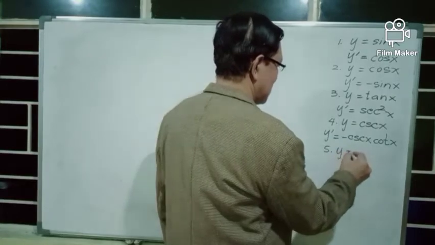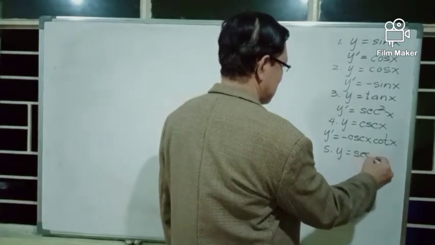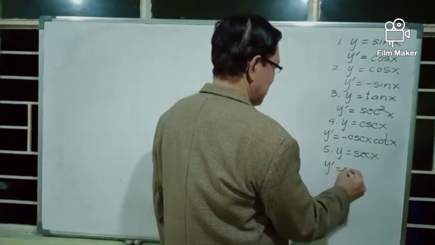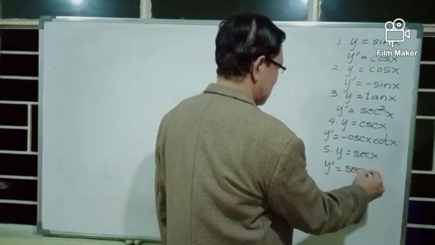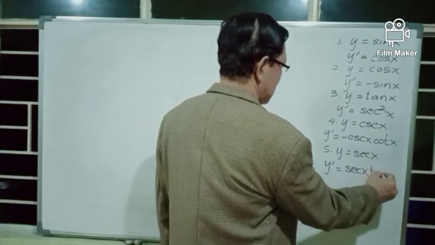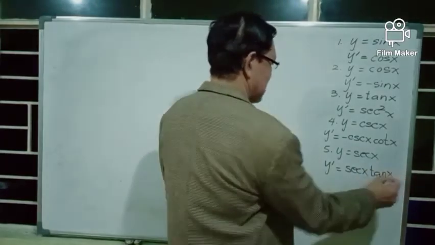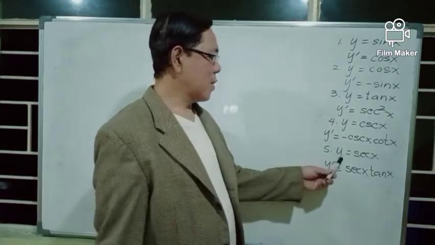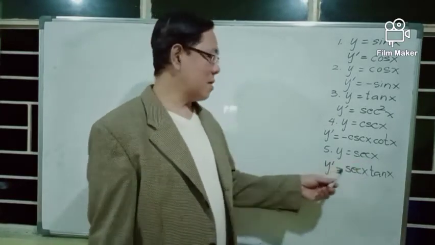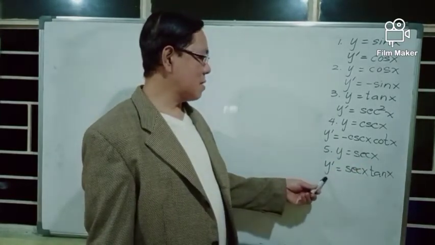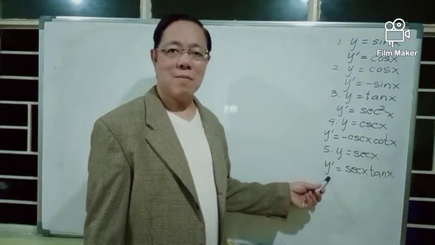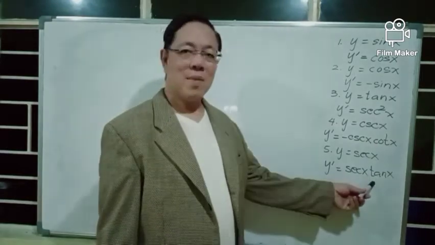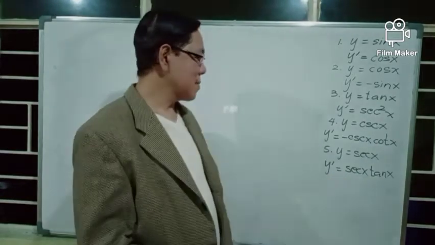Y equals secant of x, then y prime equals secant x tangent x. If y equals secant of x, then the derivative of secant is denoted by y prime, and the derivative of secant is secant x multiplied by tangent x.